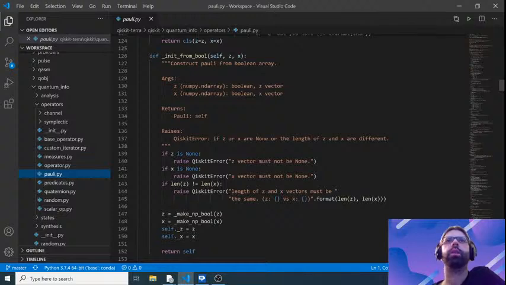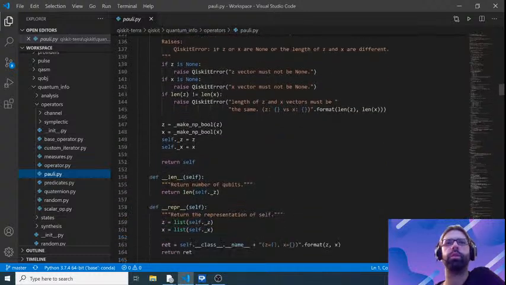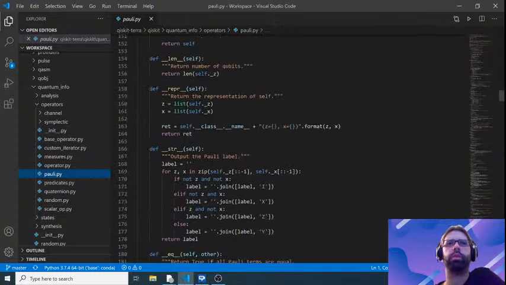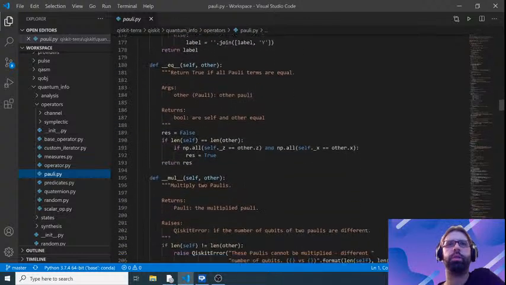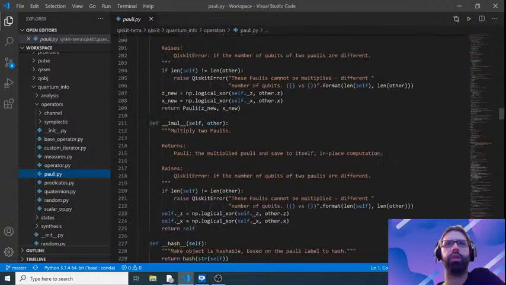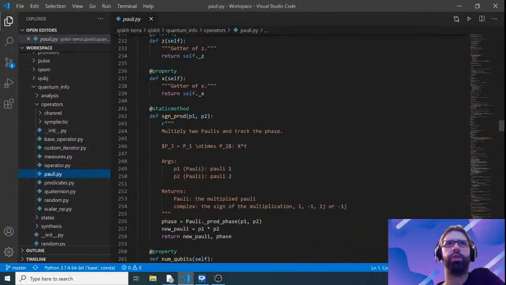Oh, as in the Z and the X being true or false. Output the Pauli label. Equality, multiplication, complex multiplication. Multiply two Paulis and track the phase. Returns the multiplied Pauli and the sign of the multiplication. Okay.